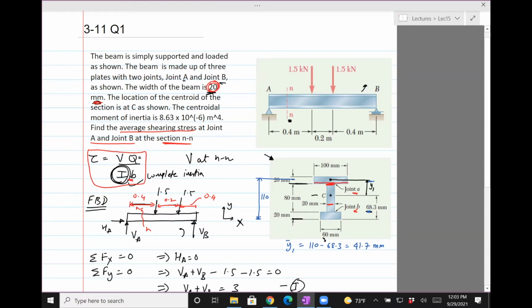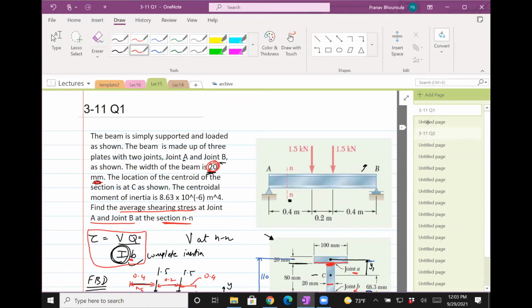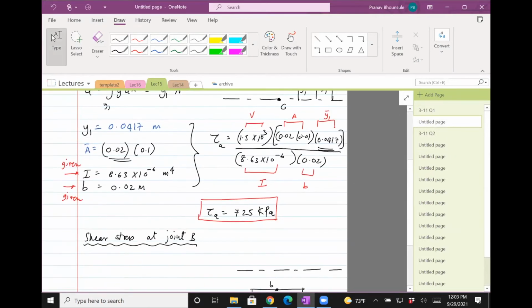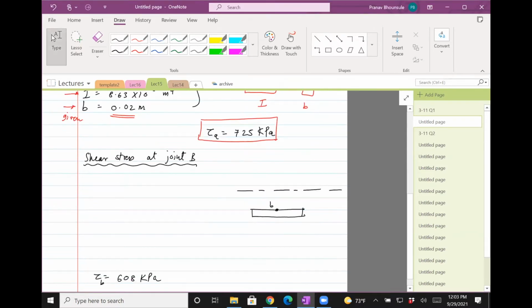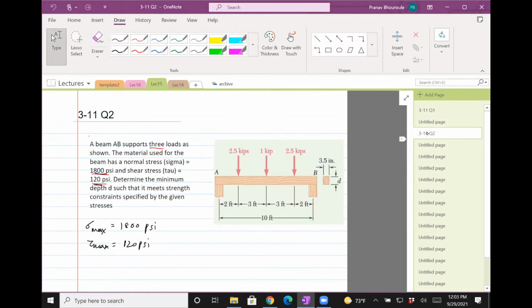So you would use b equals 20 mm, which is this width, to solve for the shear stress. That's what was used, and that part I'll complete in case you've not done it.